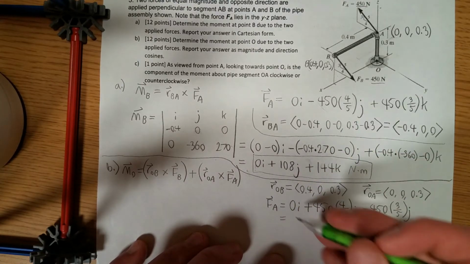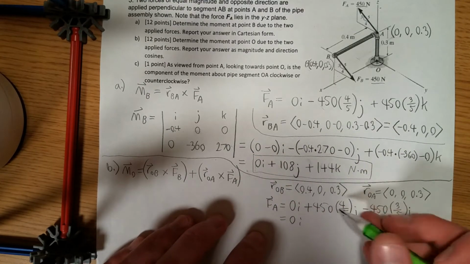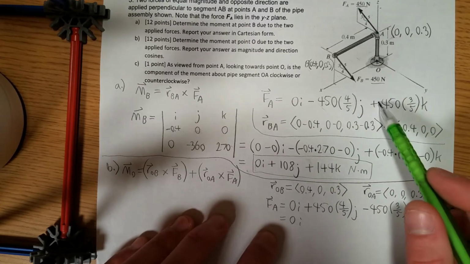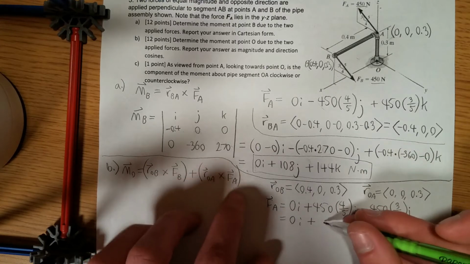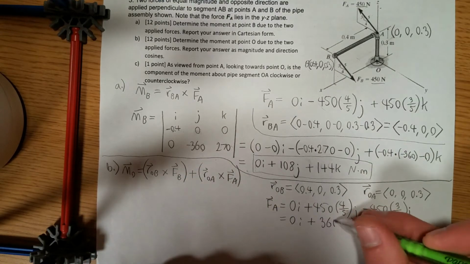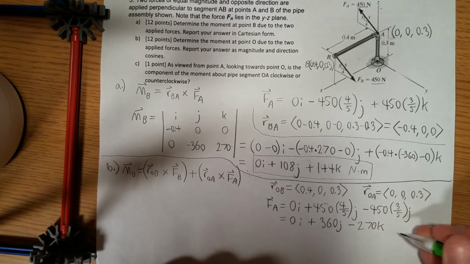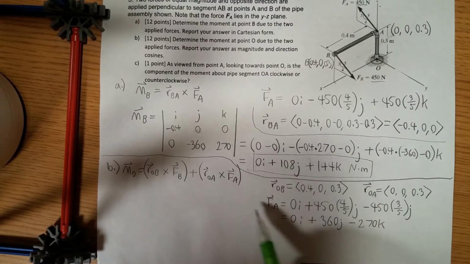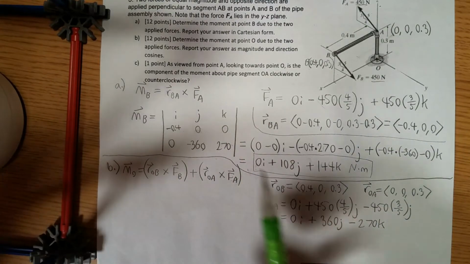I'm going to go ahead and write this out. I forgot to do it up above. We're basically reusing the same numbers up here, just different signs. So it's going to be 0i plus 360j minus 270k. And that's what we have for that.